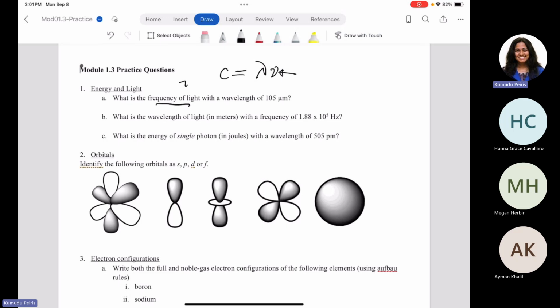We should solve for the frequency, so I'm going to rearrange this equation as nu equals c over lambda.